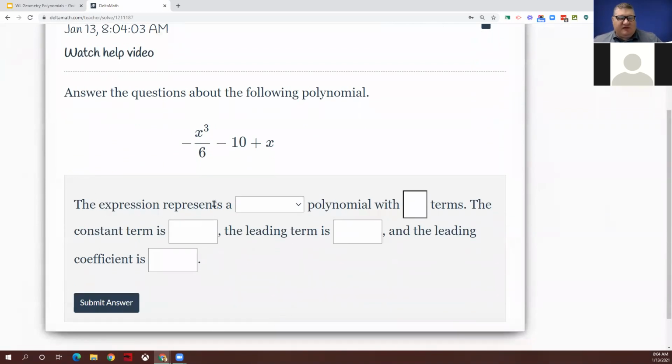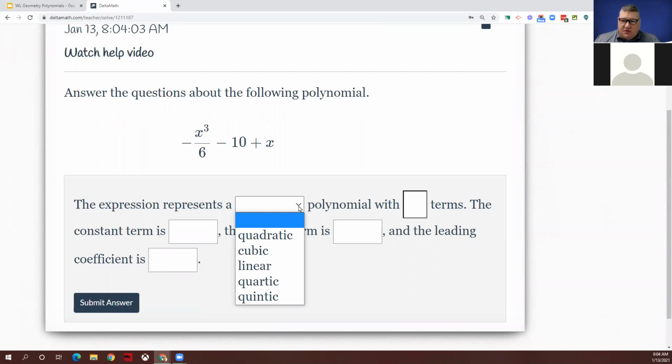The expression represents a what? Which one of these is the correct answer? Put it in the chat. I assume you can see the problem that I'm talking about.